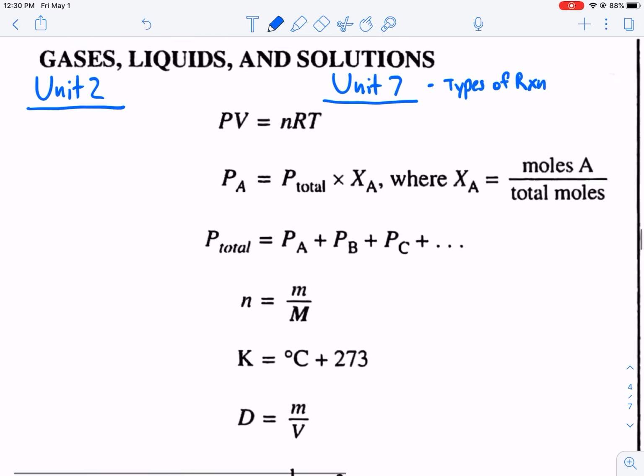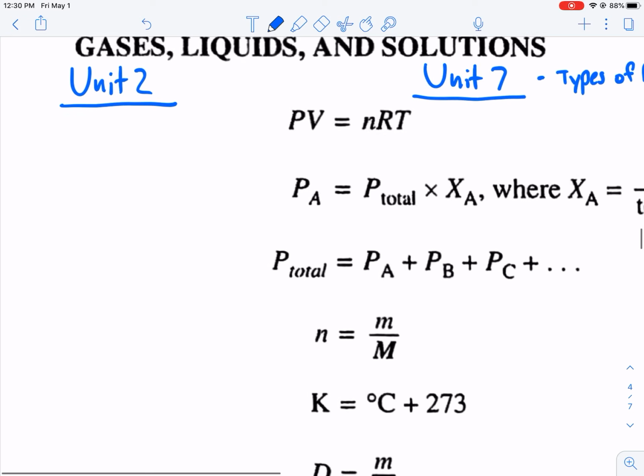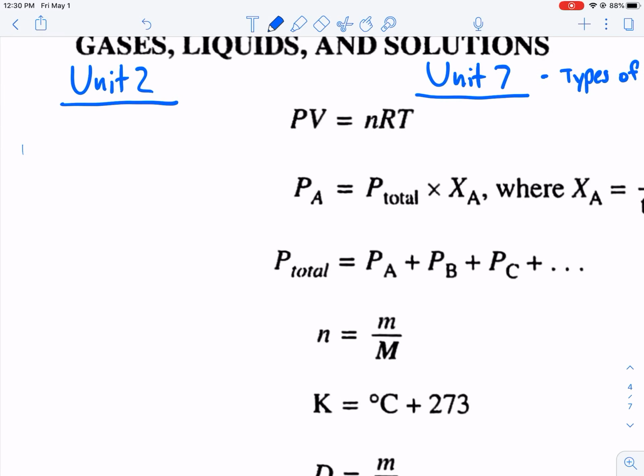So let's review real quick what ideal conditions are. In order to have ideal conditions, we want the particles far apart. So how do we make sure that particles stay far apart?